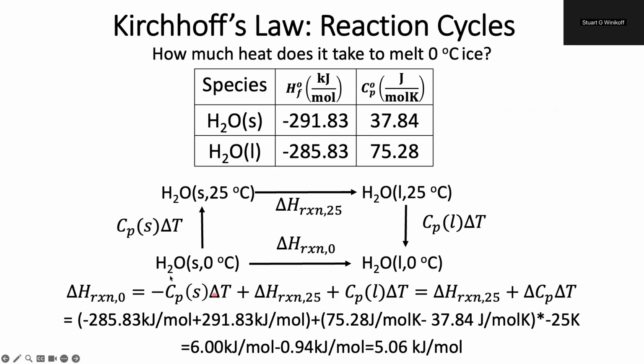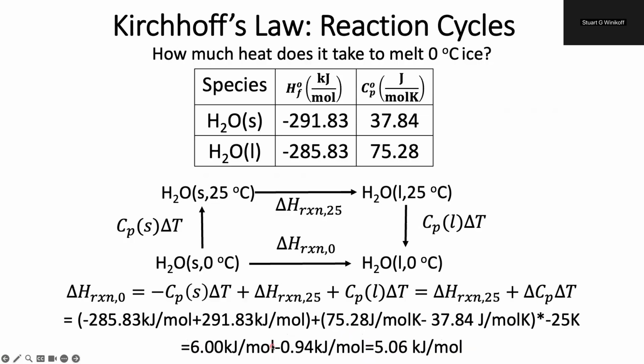So if we tried to use the standard state conditions, we'd actually be off by about 15%. So significantly wrong. Especially if you're looking at larger temperature regimes, or you want to be more precise, you really want to go ahead and correct for these differences in heat capacities.